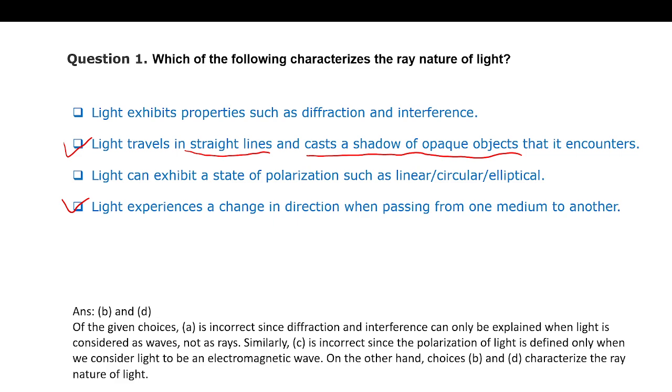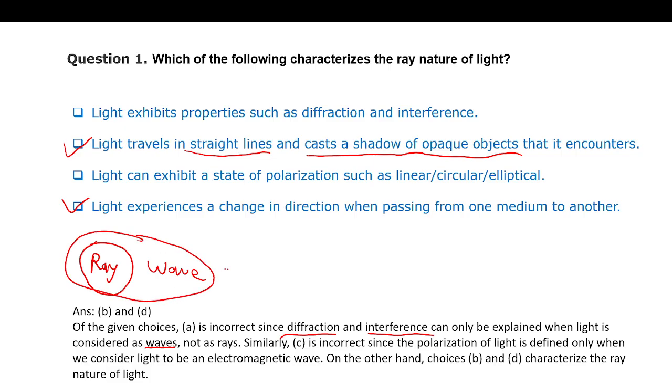Then why option A is incorrect: diffraction and interference can only be explained when light is considered as a wave. As the professor discussed in his classes, the ray nature is one characteristic of light, then it comes under the wave nature, then the electromagnetic wave nature also overlaps with the wave and ray natures.